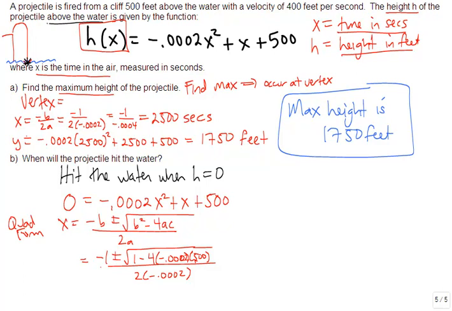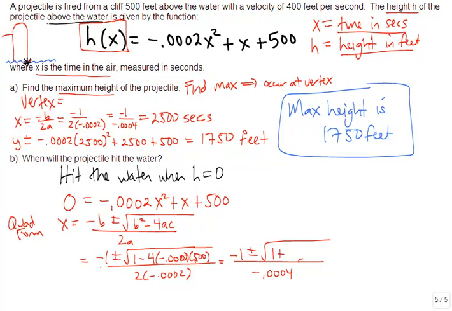Now you can do this all at once on your calculator, but you have to be really, really careful with your parentheses. So I'm going to do it in pieces, and I'm going to start with the denominator because that one's easy to do. 2 times negative 0.0002 would be negative 0.0004, and under that radical we're going to get 1, and we have a minus times a minus is a plus.